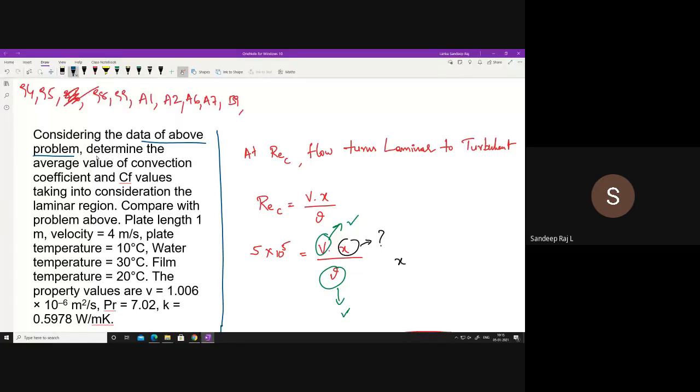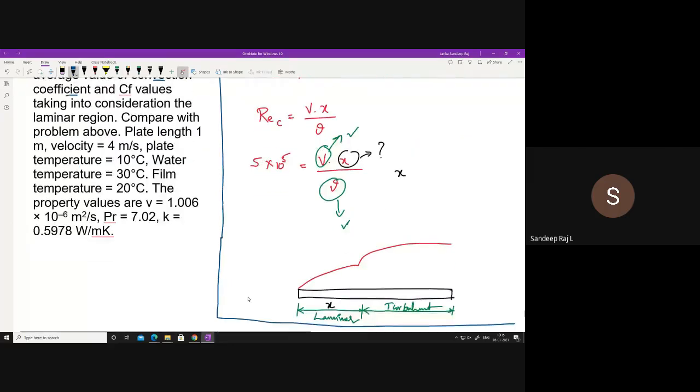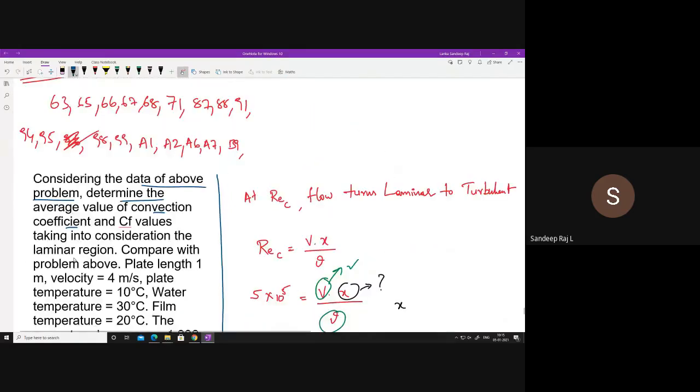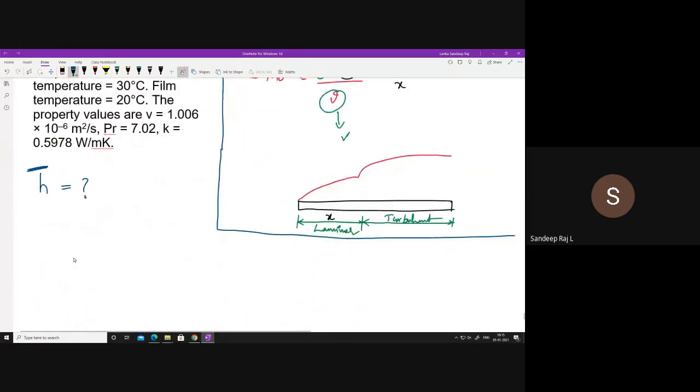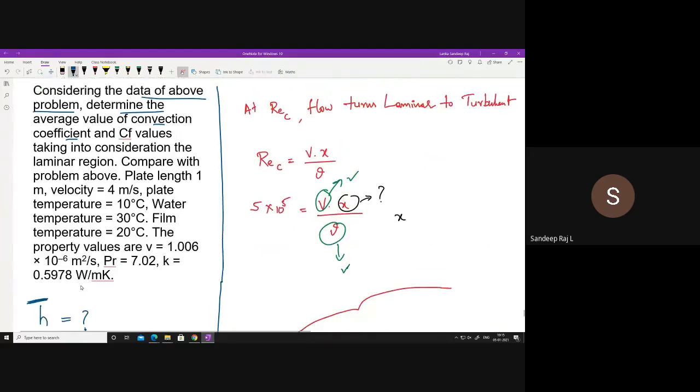He's asking you to determine the average convection coefficient, that is, the h value, h bar to be precise because it is average, and the C_f value. You have already found out this h bar and C_f in the previous problem itself. Then why is he asking again? Because he's asking in a different way now.